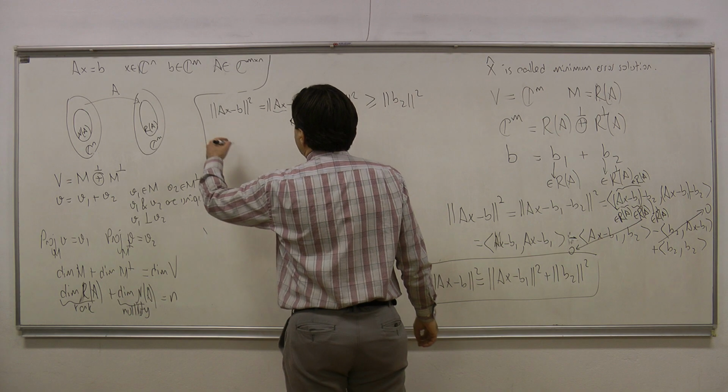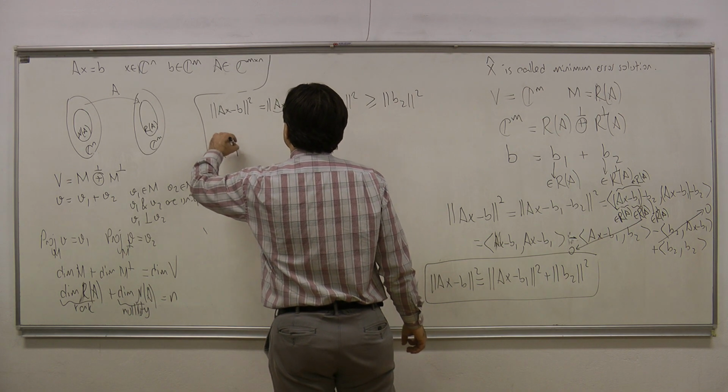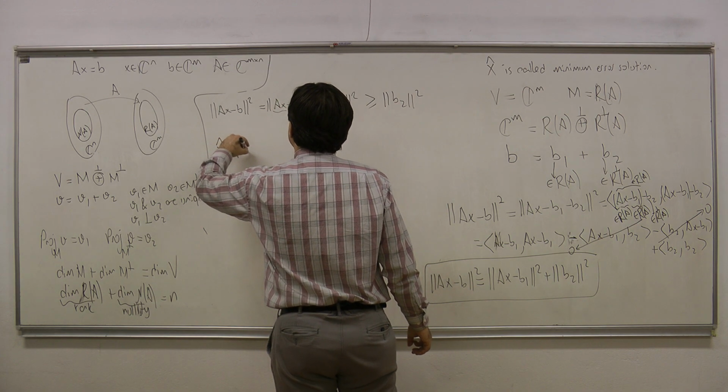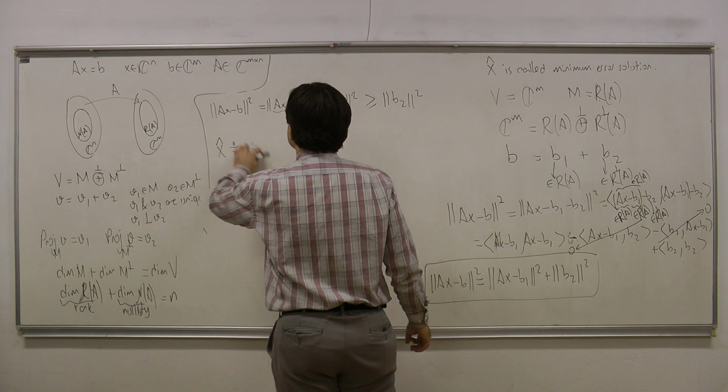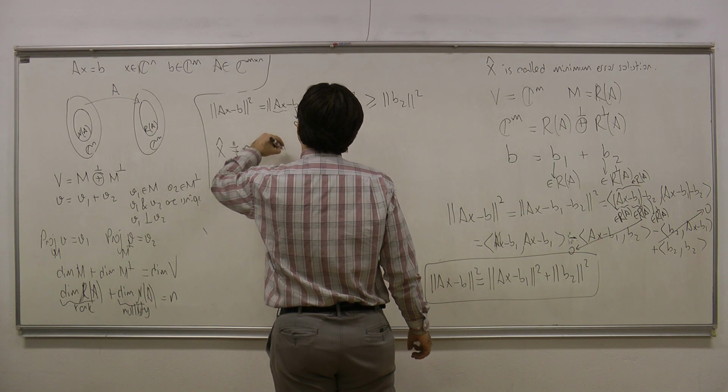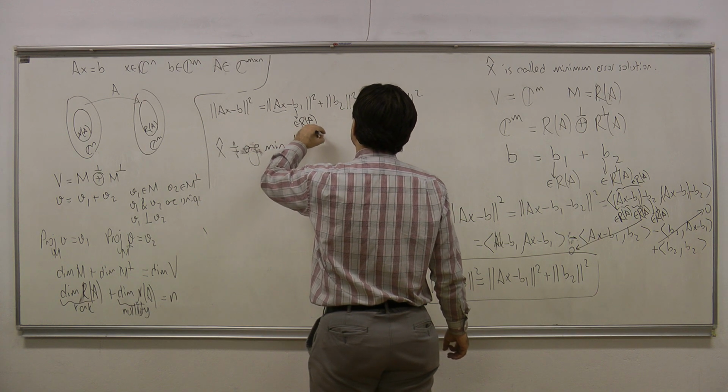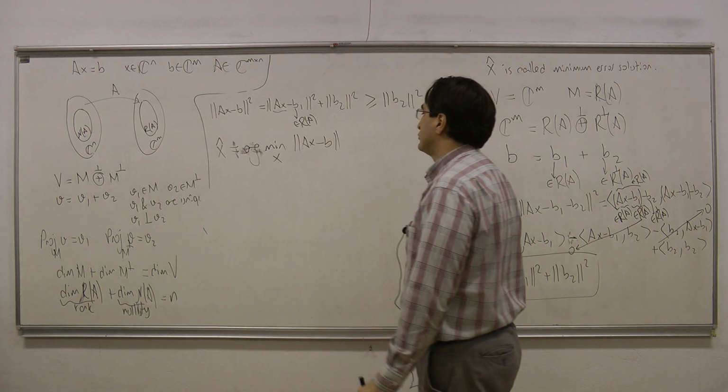So then what is x set? X set would be the arg min with respect to x of ax minus b, which is this one.